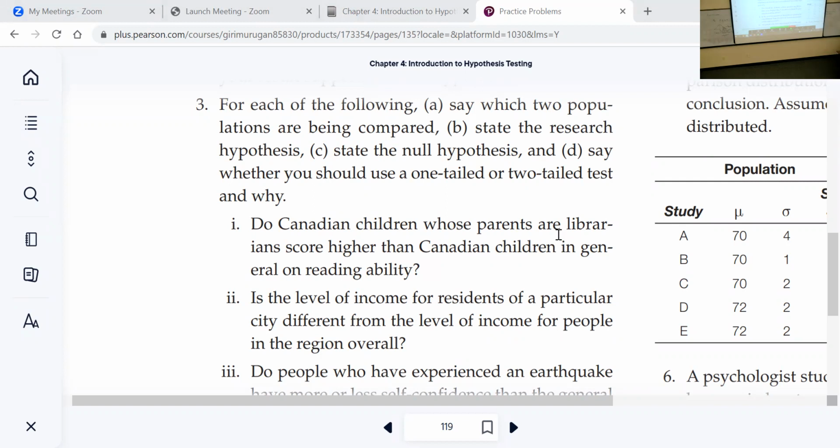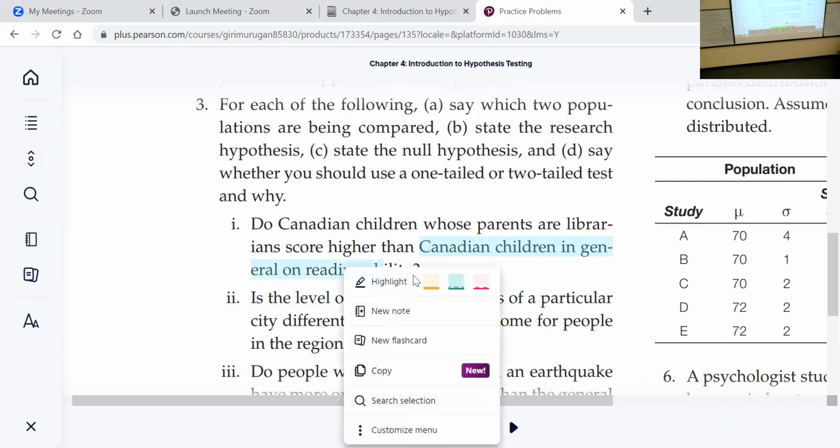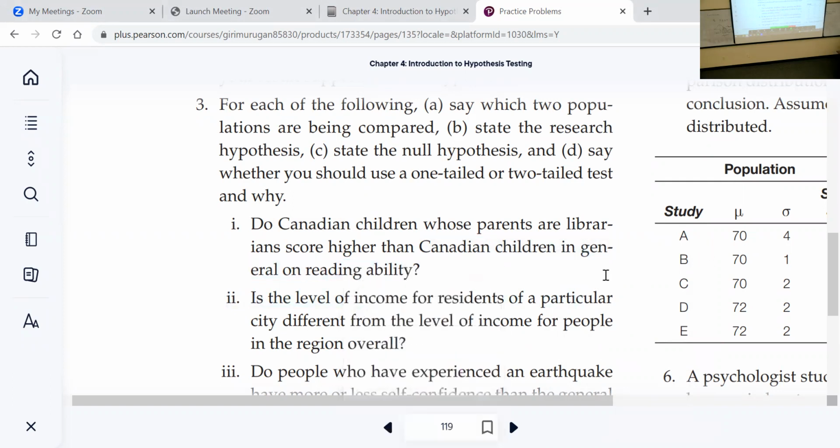The 2 populations that we are trying to compare are Canadian children whose parents are librarians and Canadian children in general. And specifically, we are looking at reading ability. Good. So 2 populations, they don't specify a statistic, rather they're just saying school. In practice, it will be an average school of some sort.